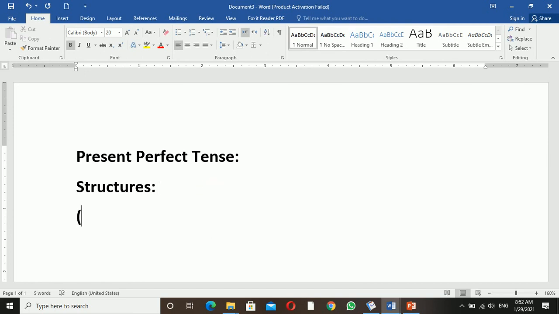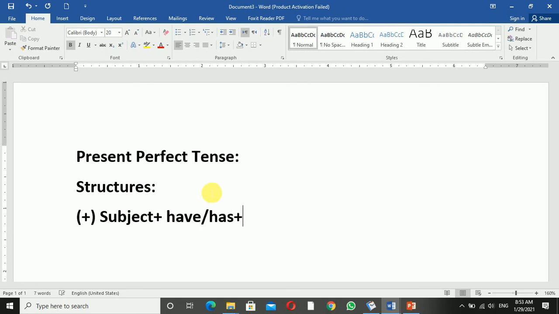So the very first structure we have is the positive structure of present perfect tense, which is subject. After subject we have have or has.